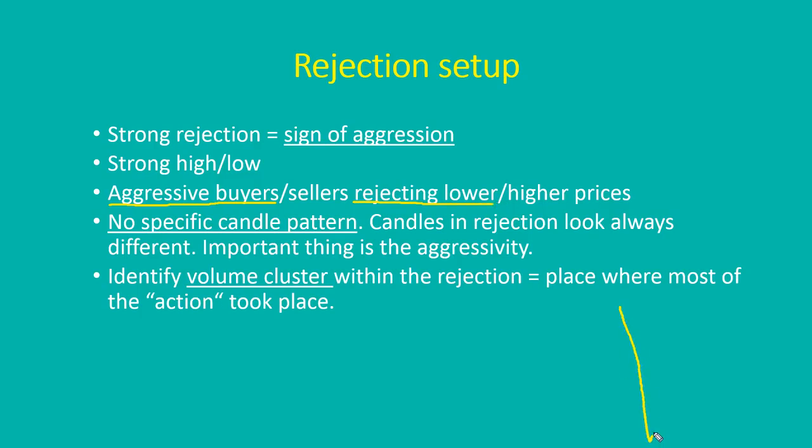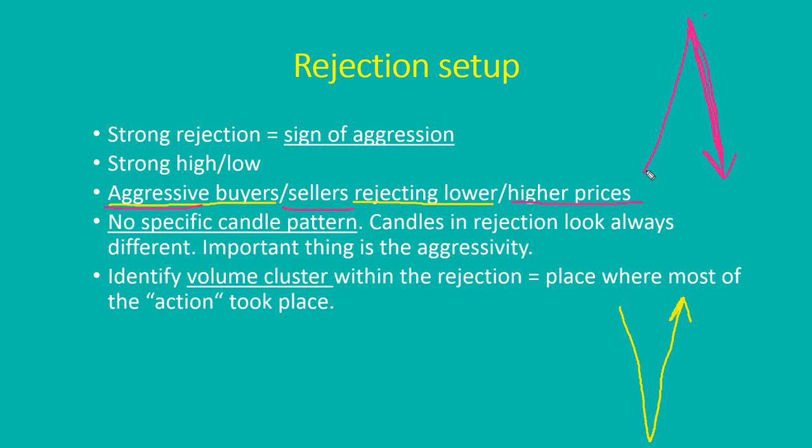This is aggressive buyers rejecting lower prices and pushing the price upwards, or aggressive sellers rejecting higher prices. This is aggressive sellers, those sellers rejecting higher prices. The important thing here is the aggression.